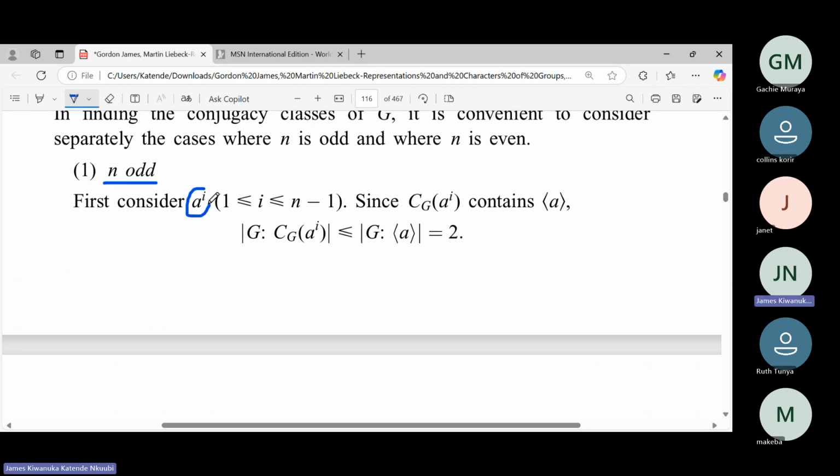So consider elements when n is odd. Suppose you consider elements of the form a raised to i. What will the conjugacy class of this be?